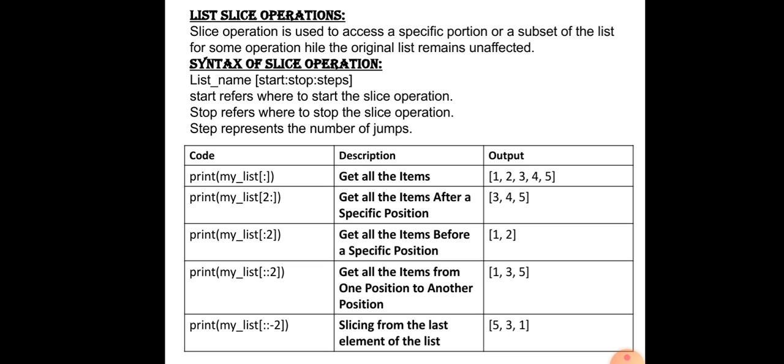In the fourth line I am using start, stop, and step, where I have given the value 2 as the step, so it jumps at every 2. The interval value is 2. And in the last, I have used the value -2, which means the slice operation starts from the end of the list, and the number of jumps is 2.